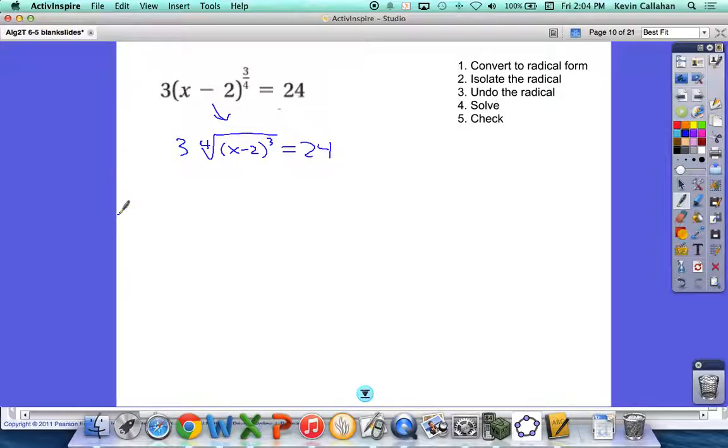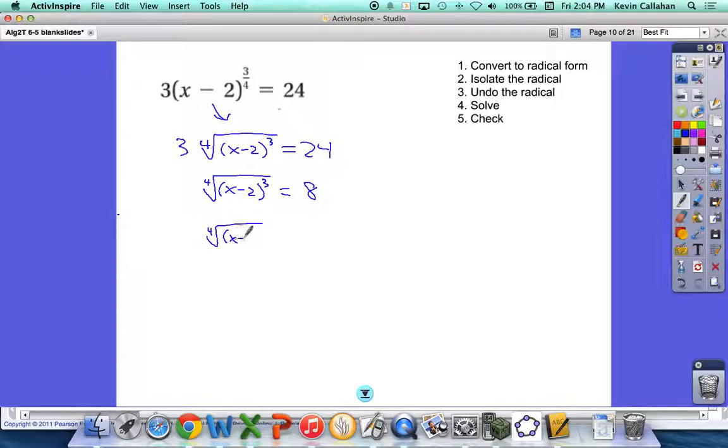Okay, isolate. The fourth root of x minus 2 to the third equals 8. Okay, now how do I undo a fourth root? Raise it to the fourth power, right? So I need to raise this to the fourth power.